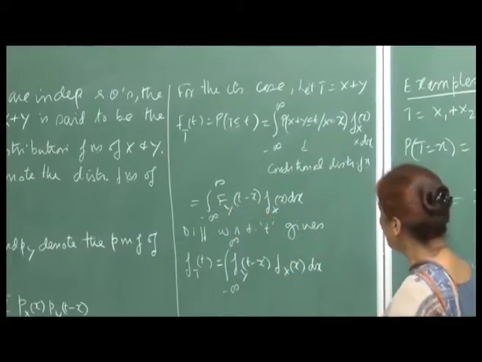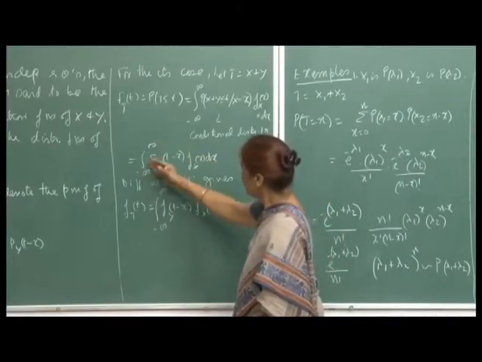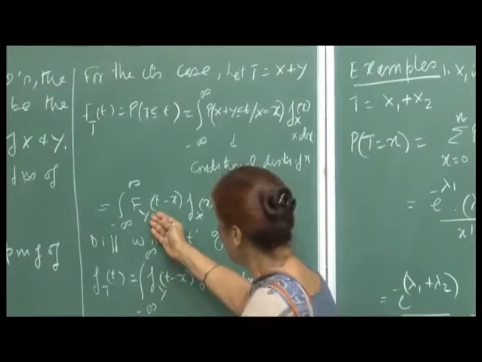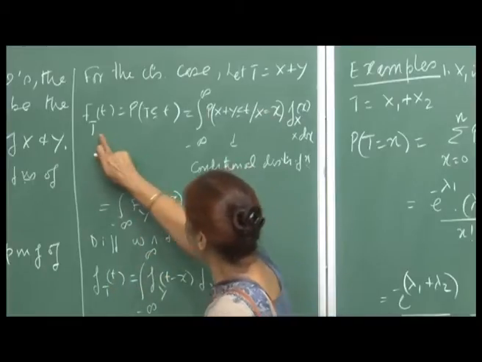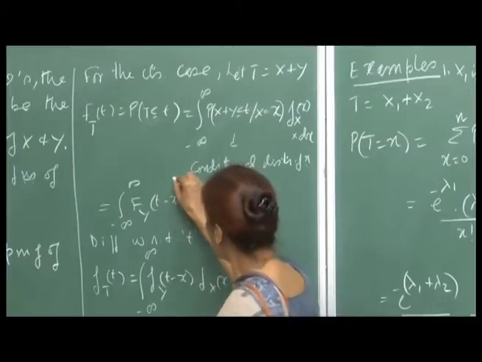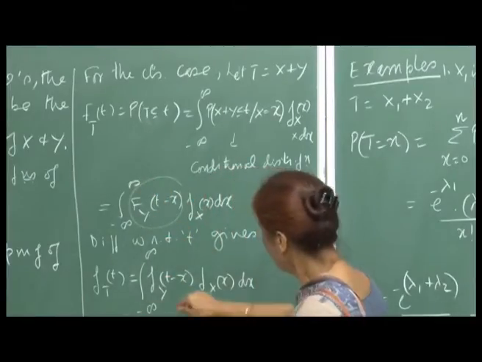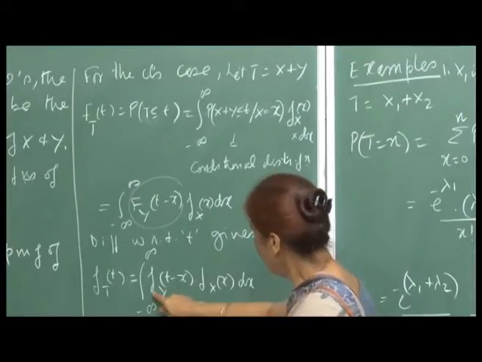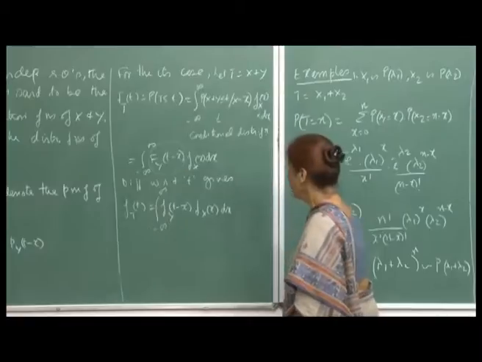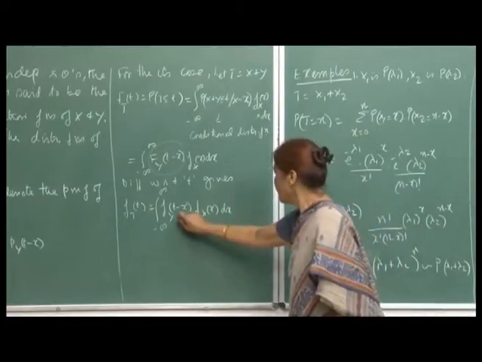Now, differentiate with respect to t. Since the limits are independent of t, the differentiation will just go inside. So this will become small f_T(t), and only this term gets differentiated. This is a function of t, and therefore it will be the PDF of Y at t minus x, and then the integral from minus infinity to infinity of the product of these two.